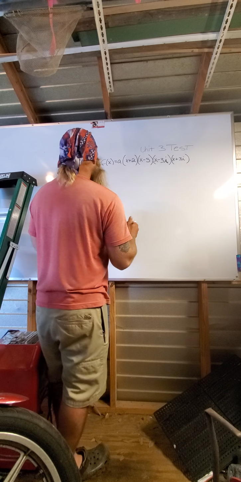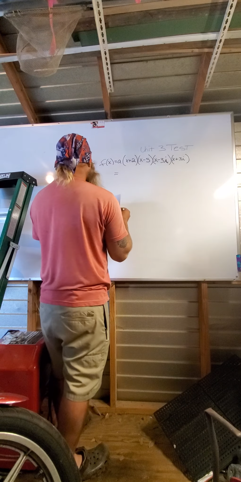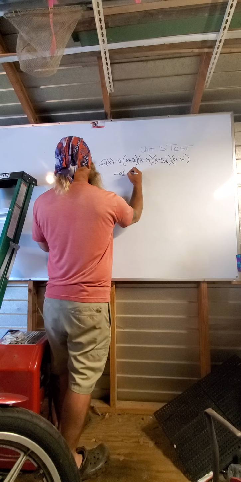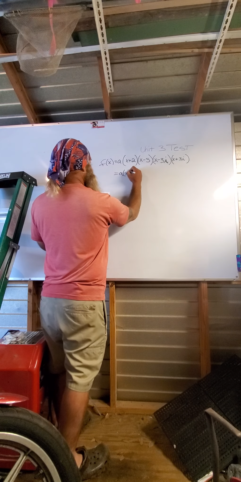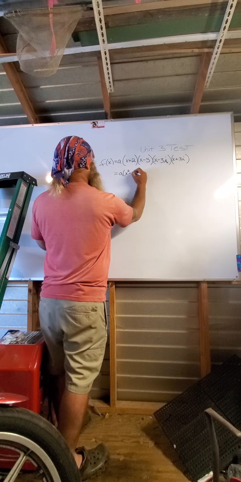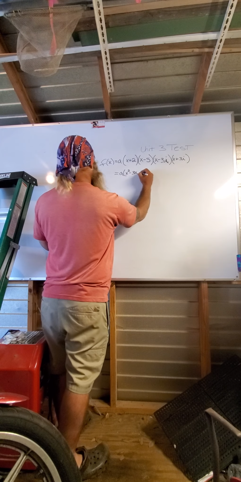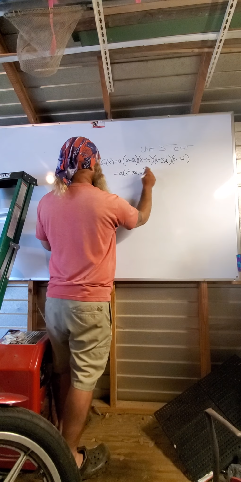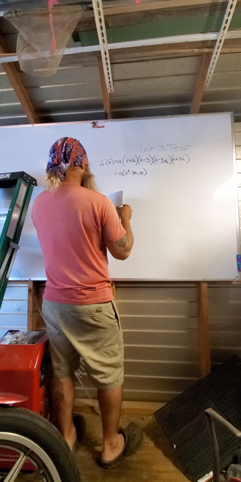And then simplify, we have a times x squared minus 3x minus 10, that's these two.